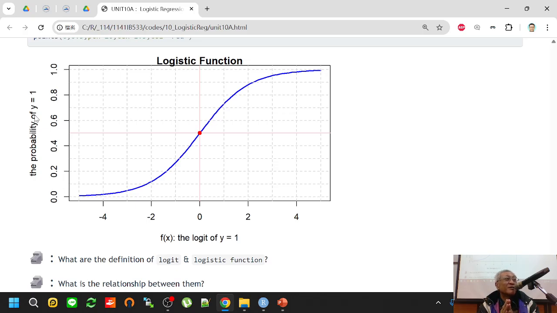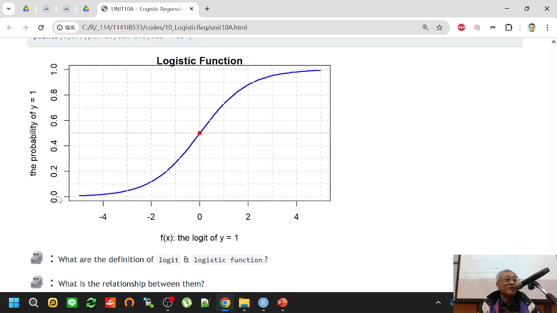As you can see, when the logit is larger than 5, this line approaches 1. It cannot exceed 1, right? When the value is lower than minus 5, the probability approaches 0.